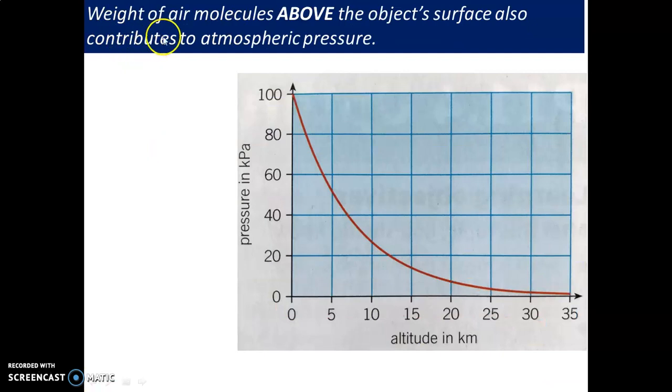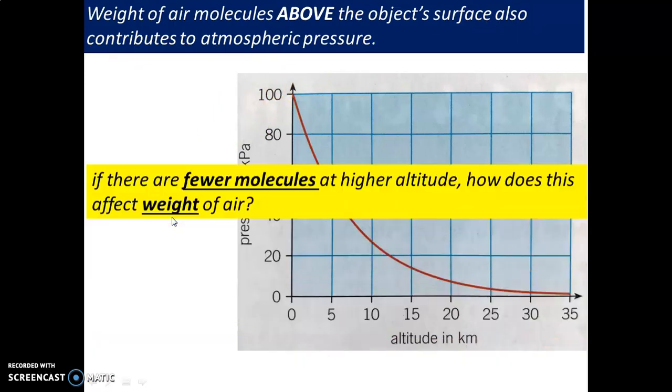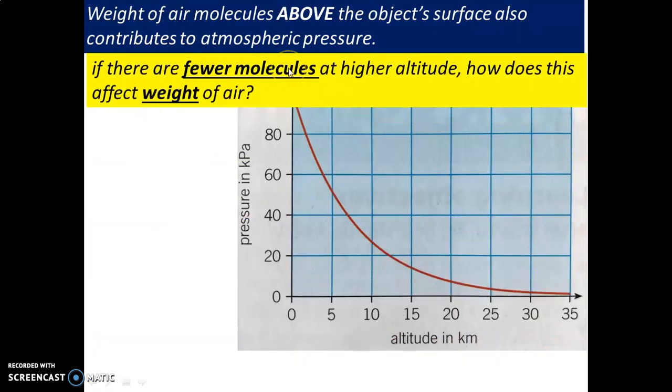Now, the weight of air molecules above the object's surface, which could be a plane, let's say, the weight of air molecules above any object surface also contributes to atmospheric pressure. Weight is important, folks. Remember, weight is a force. The total weight of air molecules above the object's surface also contributes to atmospheric pressure. Now, if there are fewer molecules at higher altitude, how does this affect the weight of air?